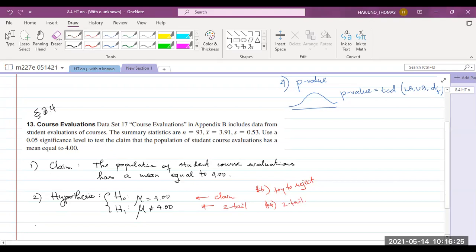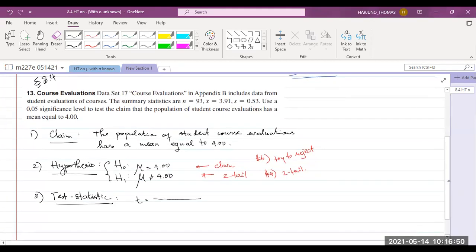Okay, step 3, test statistic. T equals, we don't use Z anymore. We use T because we don't know the population standard deviation. We will use the sample standard deviation in place of the population standard deviation.